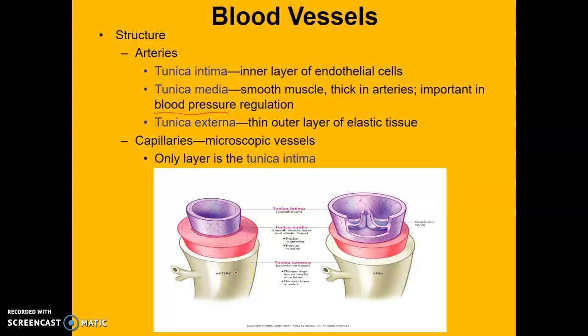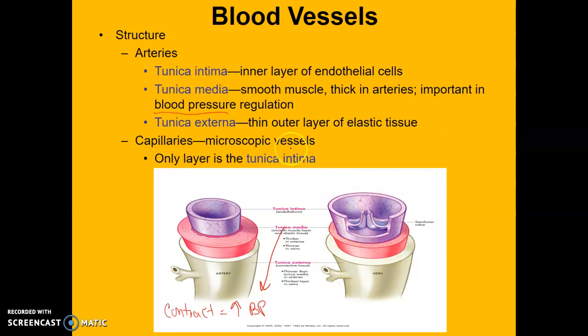So remember, contraction increases blood pressure, okay? At least contraction of the tunica media. The tunica externa, again, is a layer of elastic tissue, connective tissue. It's relatively thin, but it's strong enough to hold the whole structure together.